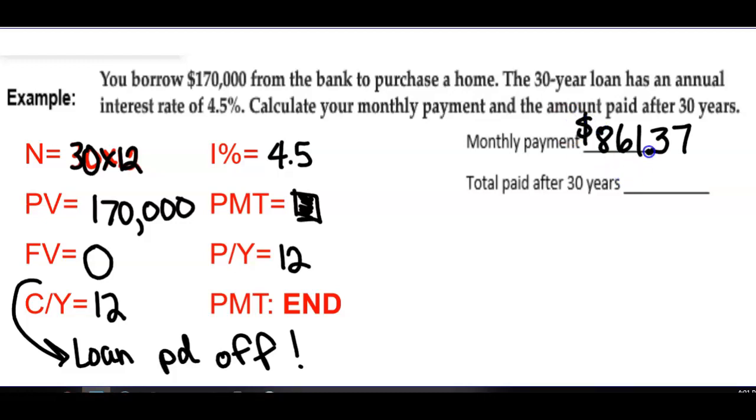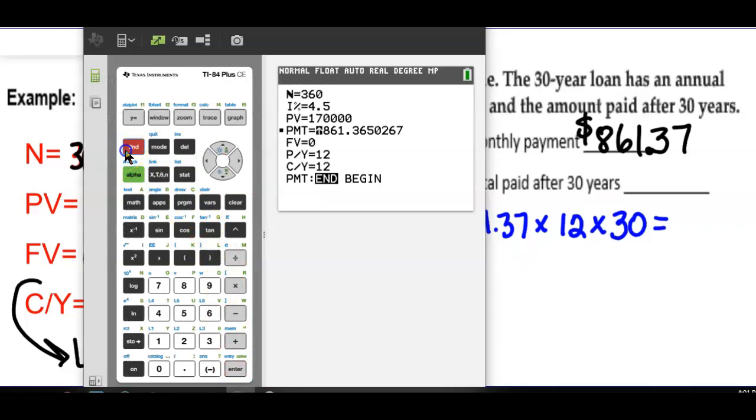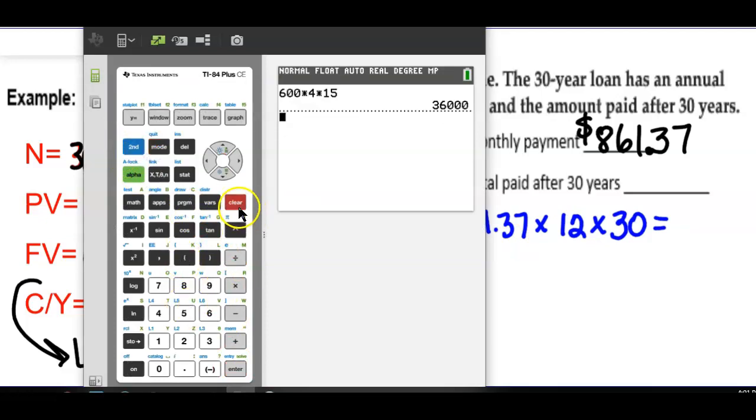Now, we want to figure out how much money this actually gave the bank. How much did we actually pay for this house? If we do $861.37 every month for 30 years, we will have paid a total, in order to pay our house off, $861.37 times 12 a year would be $10,000 a year.